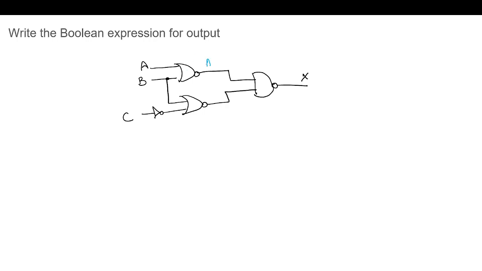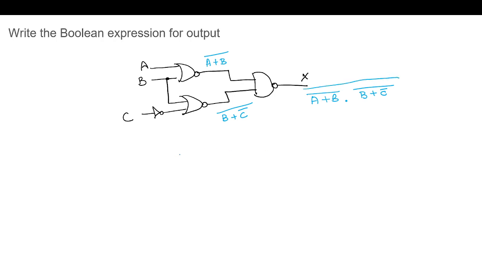Here, this output will be the NAND gate of A, B, the whole bar, and this output will be C bar plus B whole bar, and the final output has one term A plus B complement, and another B plus C bar whole complement, with another complement over all.